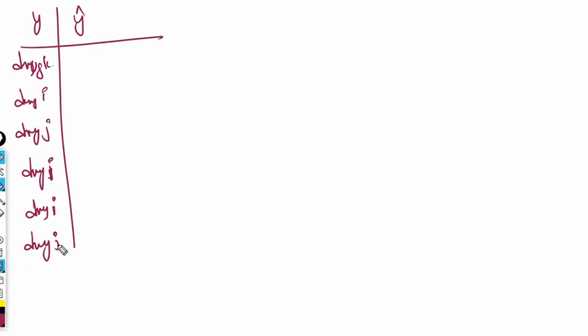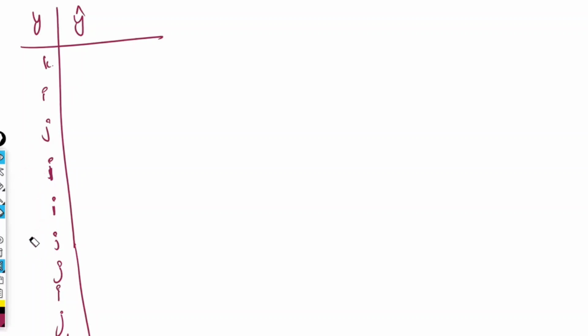Let us take like this: the output variable consists of I, J, K, three categories. Now the predicted values are 3 I's, 3 J's, 3 K's, and 1 I. Randomly I have written. Now for this we have to make a confusion matrix.